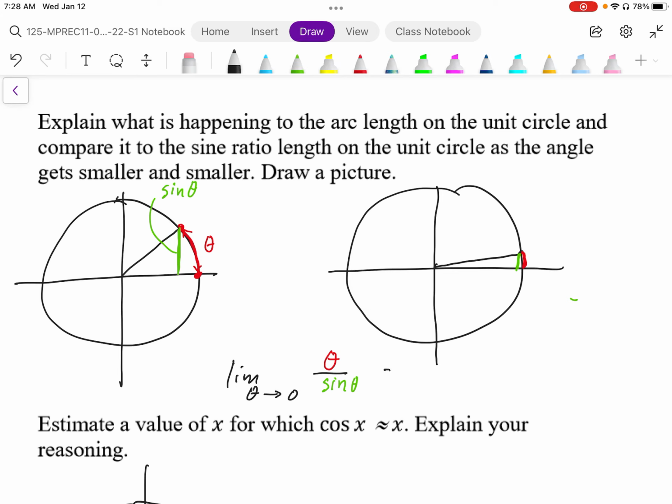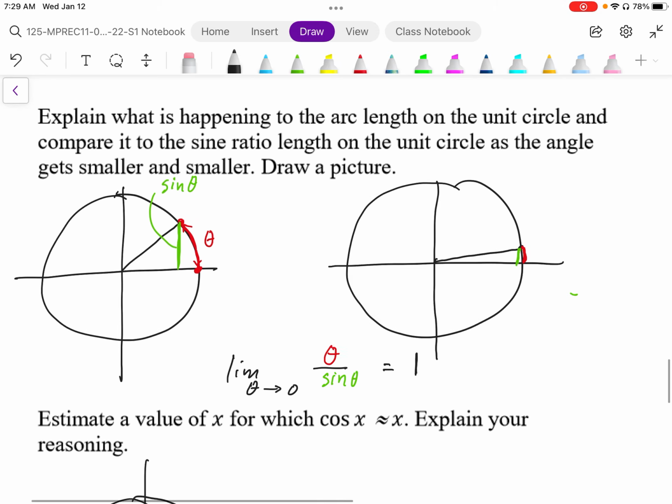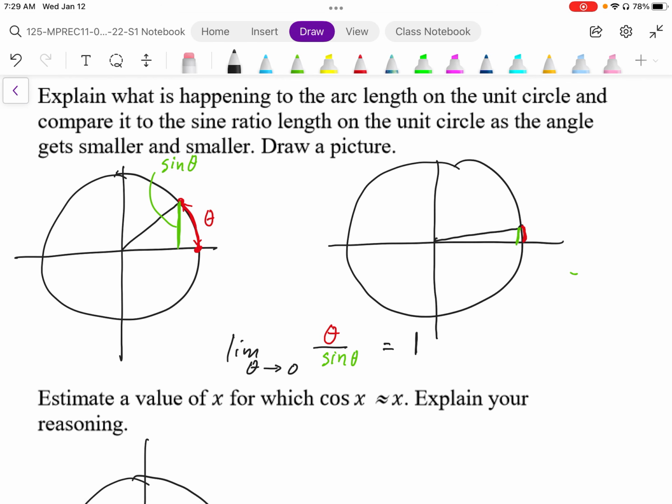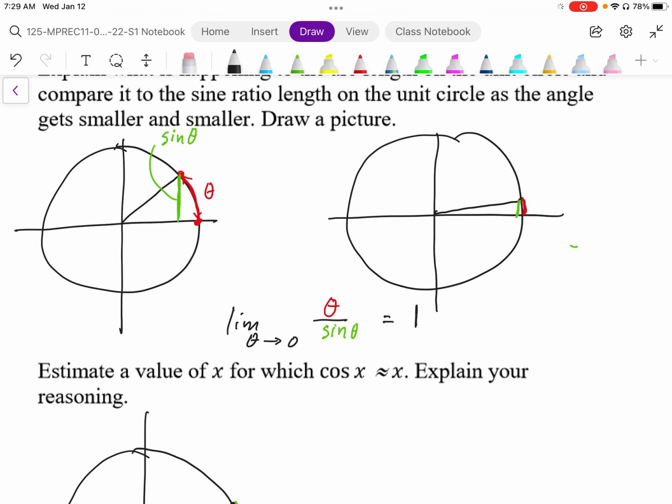So as theta approaches 0, that value approaches a value of 1. So the ratio is a 1-to-1 ratio. This is an important concept in calculus. In fact, this is an identity that we use later on in calculus.